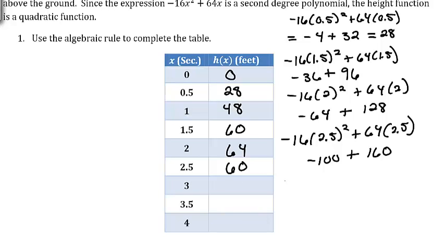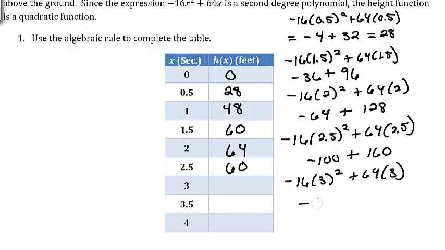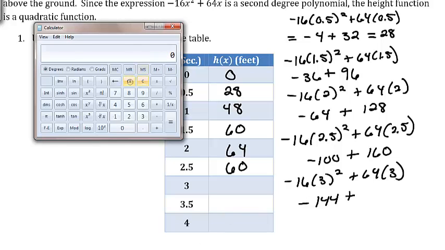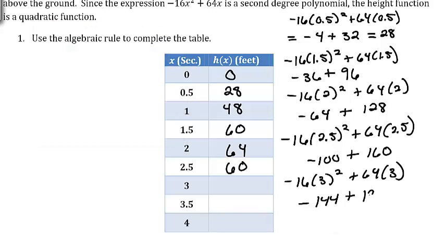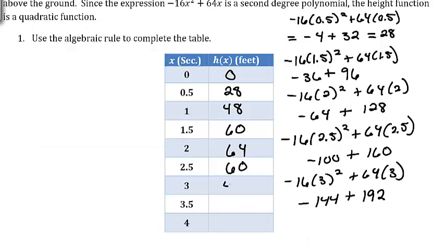And then we want to plug in 3, negative 16 times 3 squared plus 64 times 3. We'll get negative 16 times 9 gives us negative 144, plus 3 times 64 is 192. Minus 144 gives us 48.